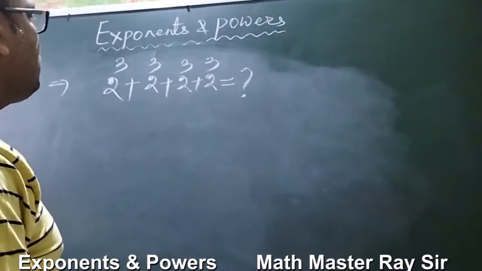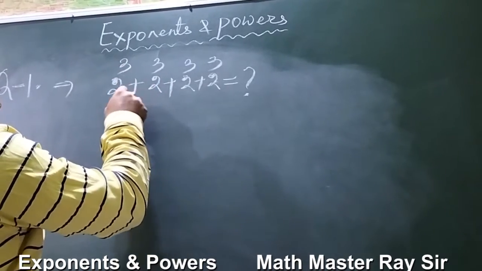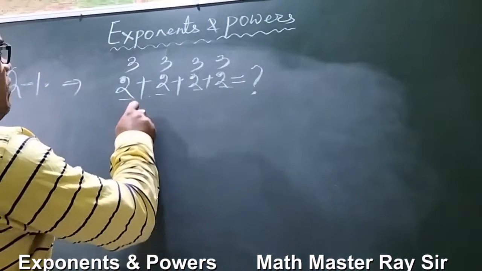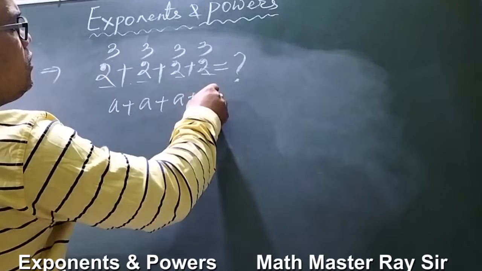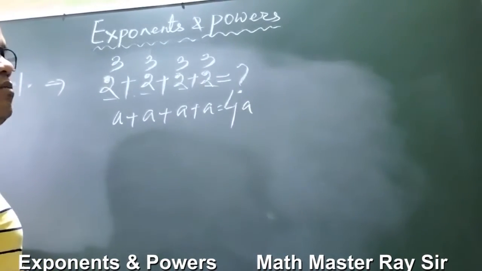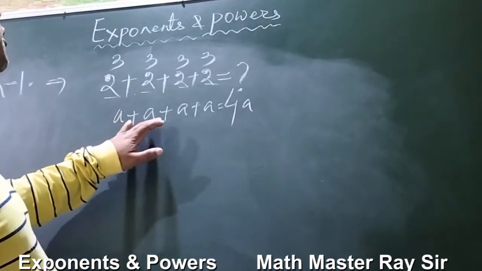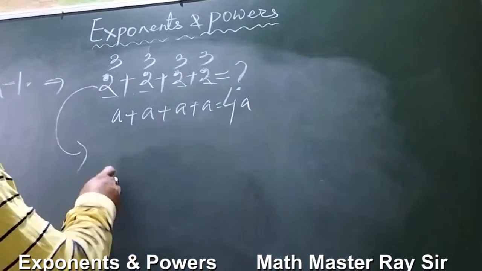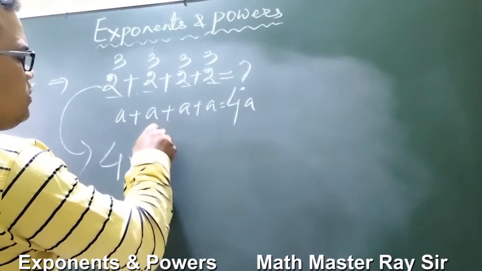How many times is 2 to the power 3 added? 1, 2, 3, 4. 4 times. If a number is repeatedly added, it is multiplied by the number of repetitions. So you will write 4 into 2 to the power 3.